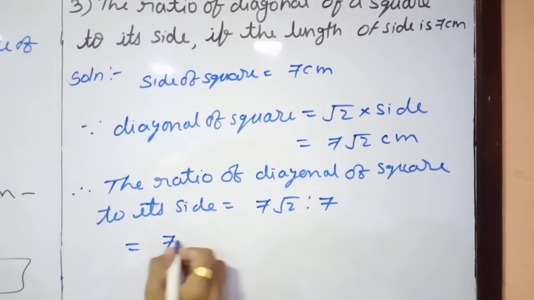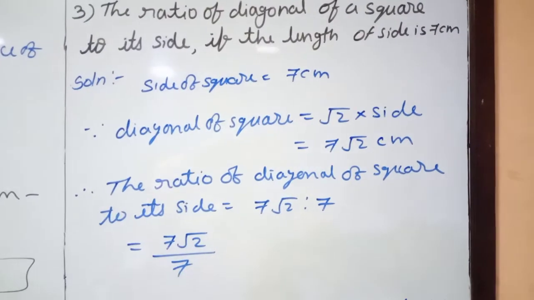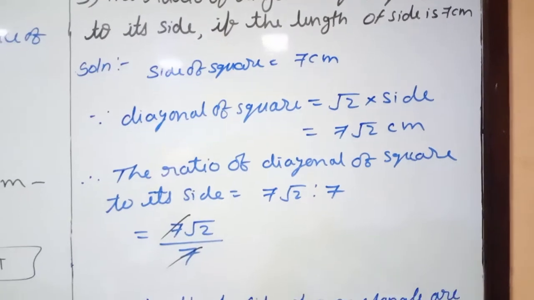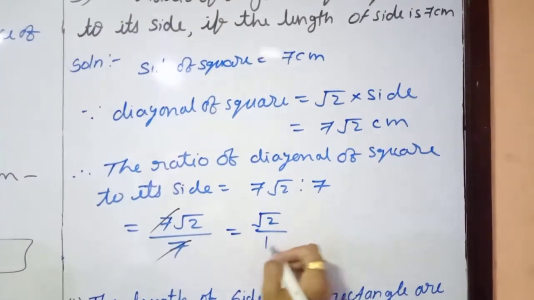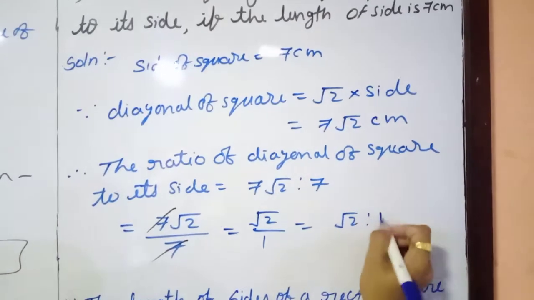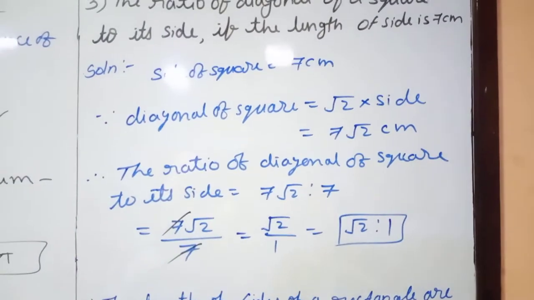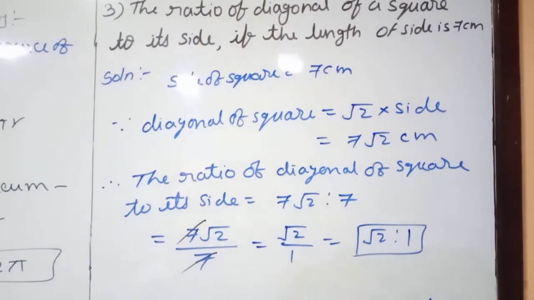Let's write it in the numerator denominator form. It will become 7 root 2 upon 7. 7 and 7 will be cancelled. So what will remain? Root 2 upon 1. Root 2 is to 1. This way we have to find the reduced form, that is the ratio of the given sub-question.